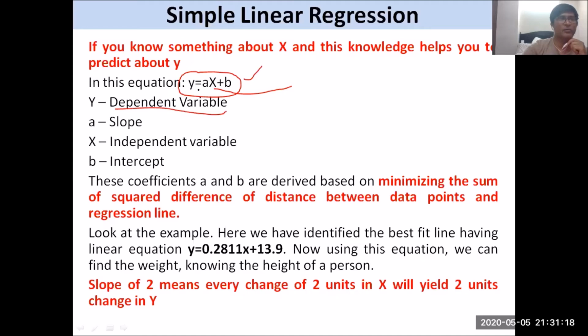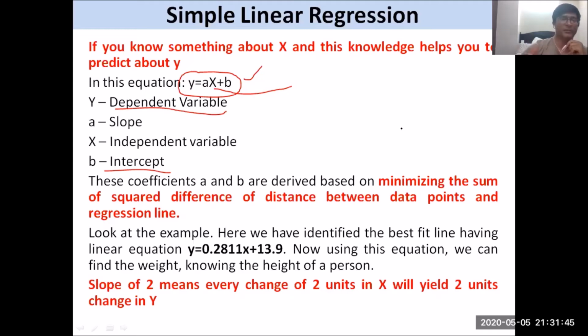This a would be the slope, and I hope everyone understands what slope is, right? And b would be the intercept value. By training the model, we would be fixing the values of a and b, which are called constants, right? These coefficients a and b are derived by minimizing the sum of the squared differences of distance between your data points, right?